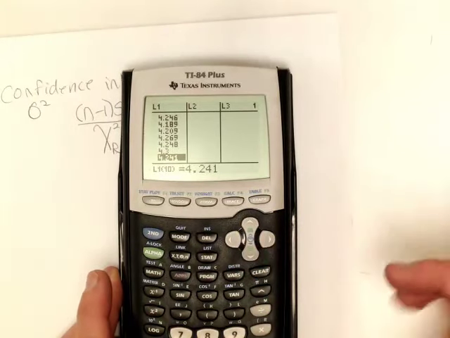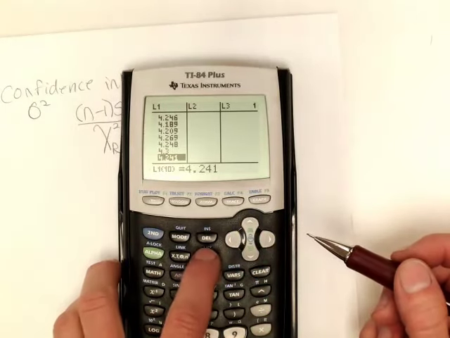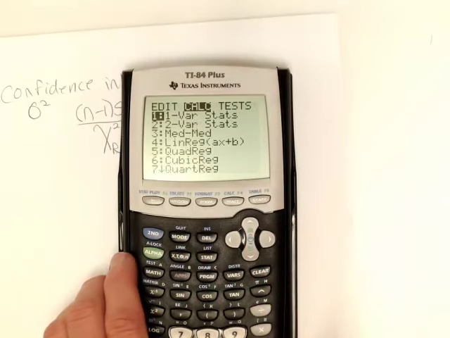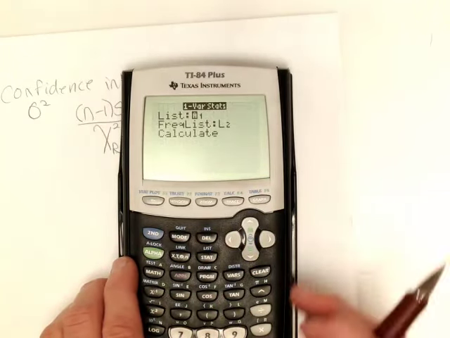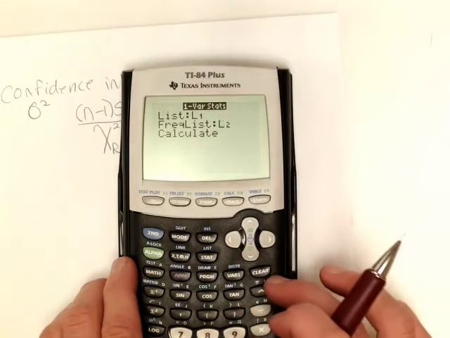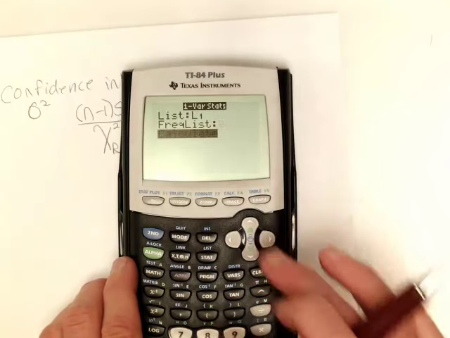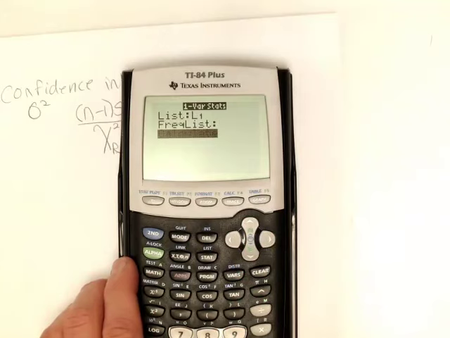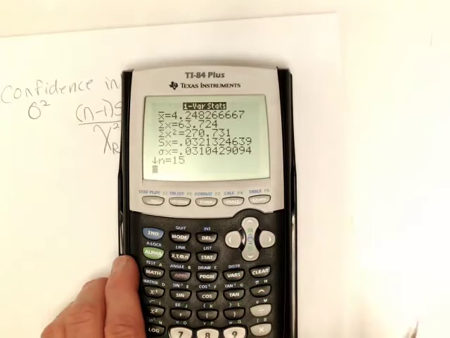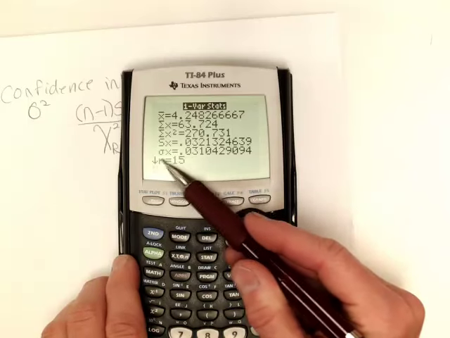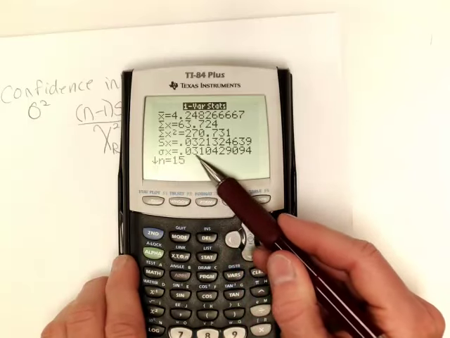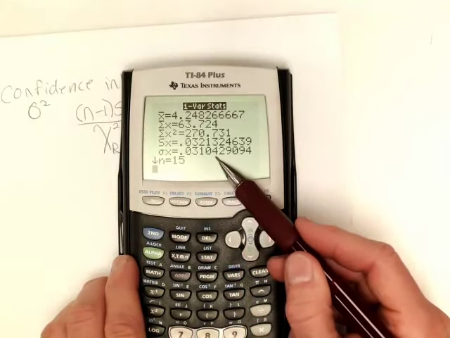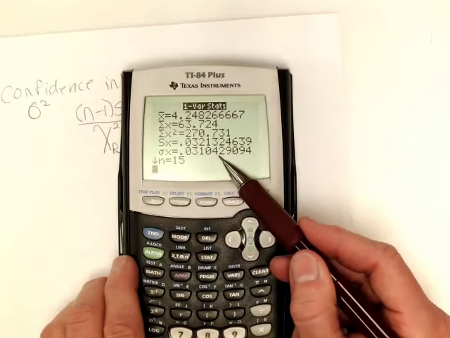So what I'm going to do is go back to Stat, right arrow to one variable statistics, and select list 1. I need to clear out that frequency list because I'm not finding a weighted mean here. Then I'm going to press calculate. And right here, the sigma sub x, this is the population standard deviation.